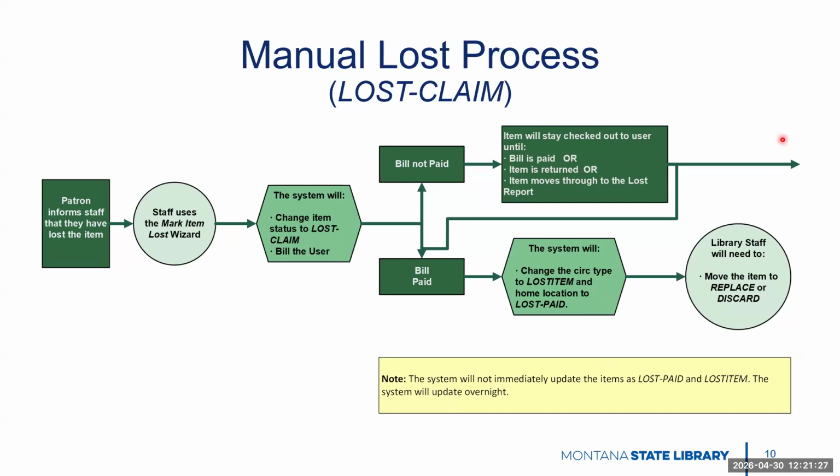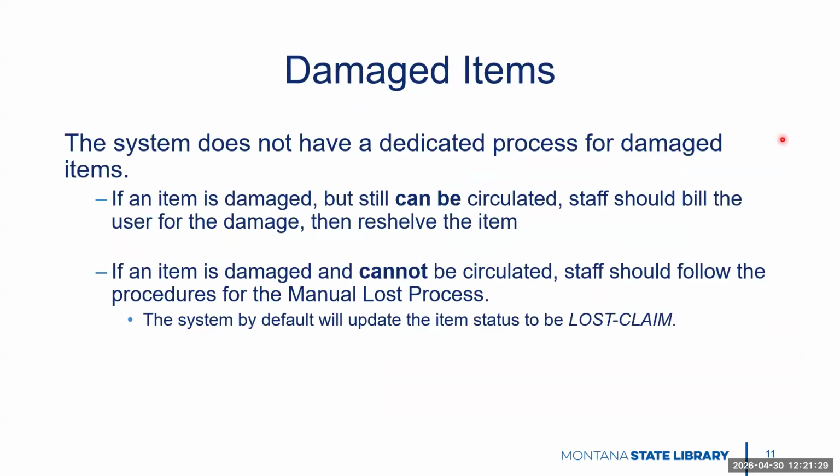Now, I know what you're thinking. What about damaged items? The system was not designed to handle damaged items with an automated or manual process. I'm not really sure why the vendor decided not to do that, but they didn't.